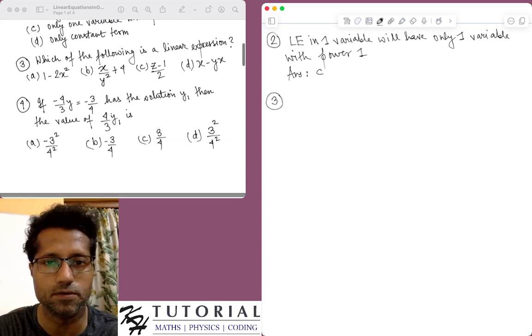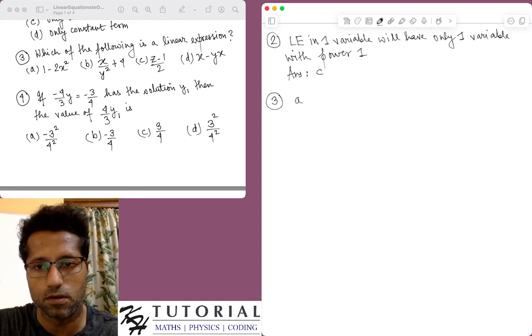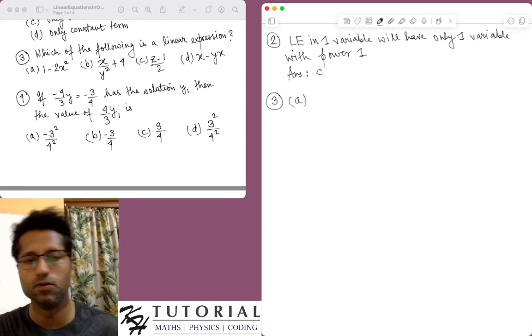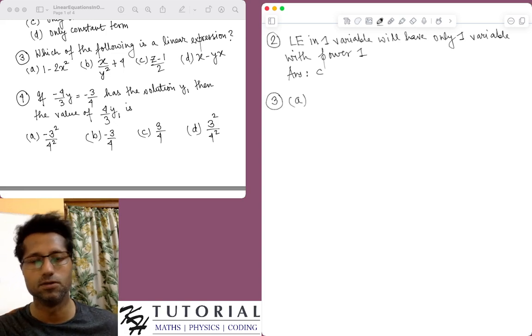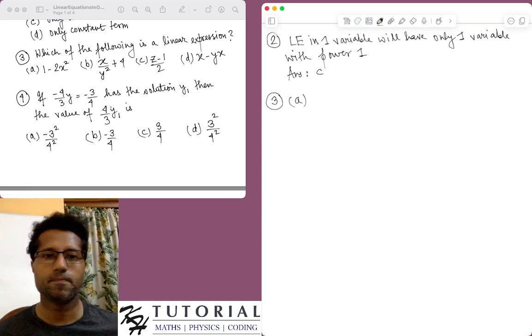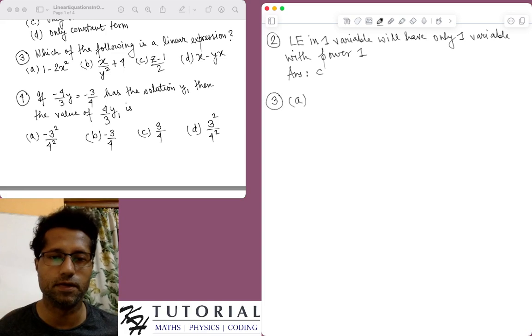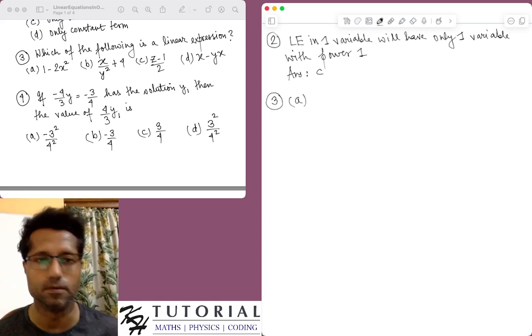Which of the following is a linear expression? We know that in a linear expression, the sum of the powers of the variables of any term will be 1.